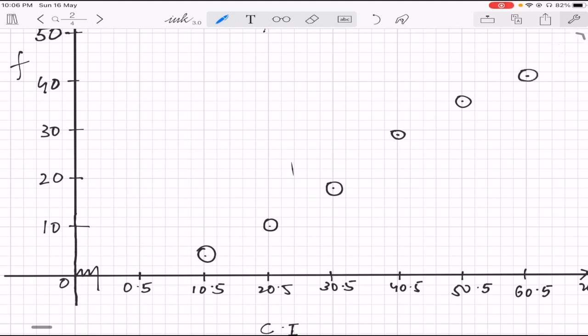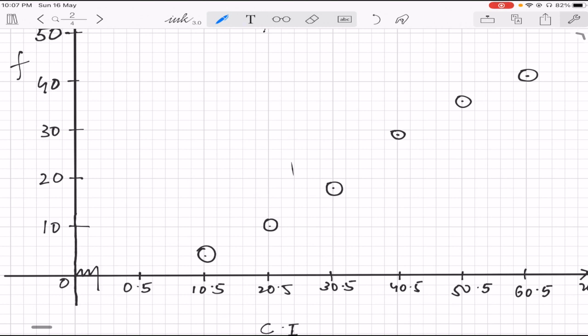So now we have to join all the points with the free hand. You are not going to use any scale to join these points. Otherwise, in the board, your question will be marked as wrong. From where do we have to start? We have to start from our first lower limit. Our first lower limit was 0.5.